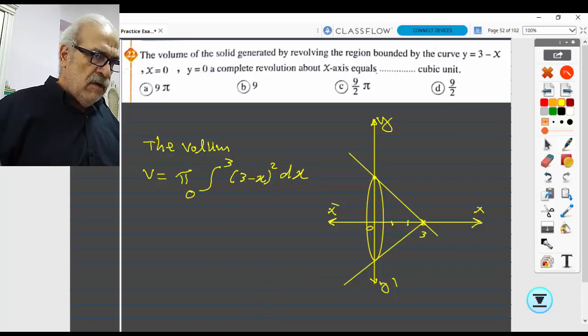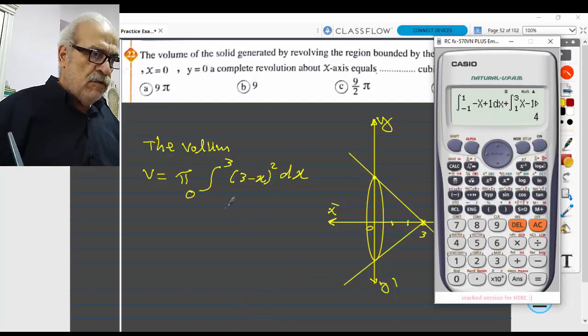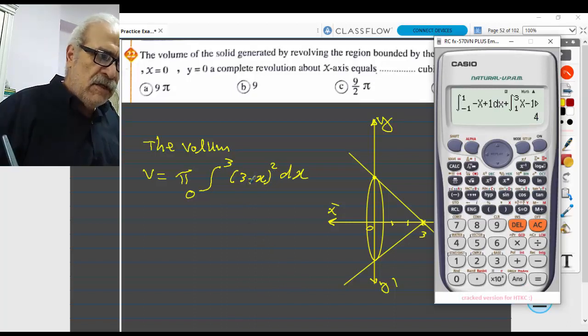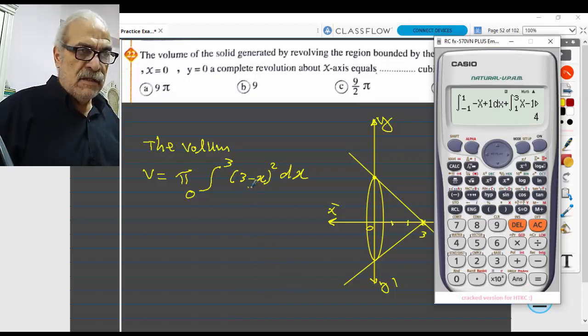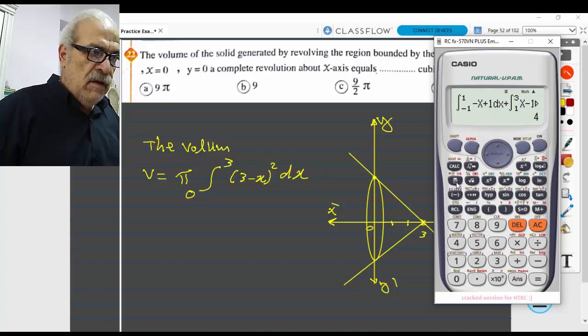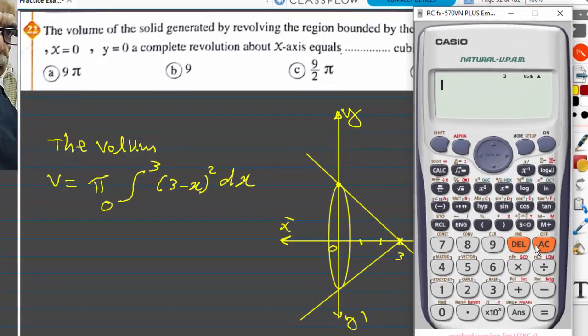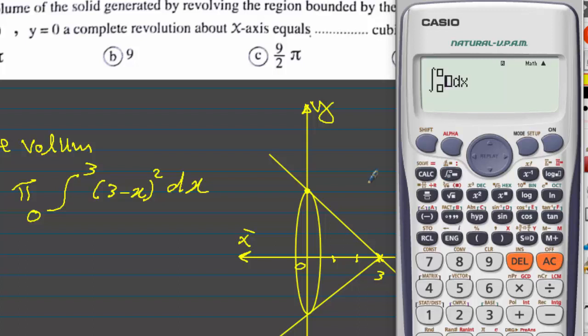And again, we calculate it using the calculator. Of course, this part is y squared, and y equals 3 minus x, so we substitute. Here we have 3 minus x all squared from 0 to 3.